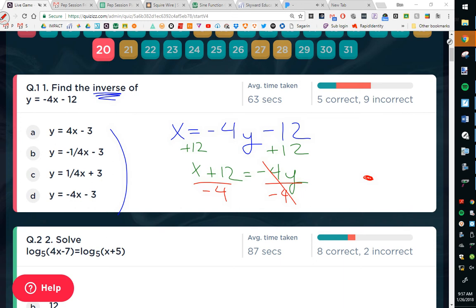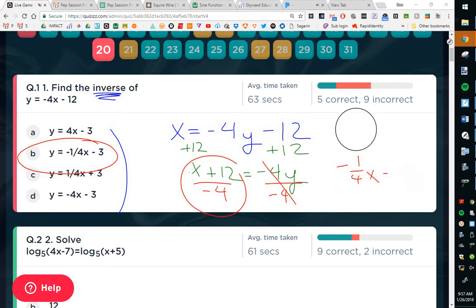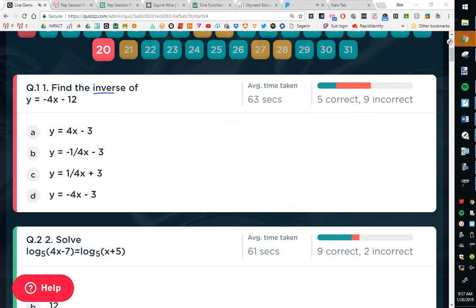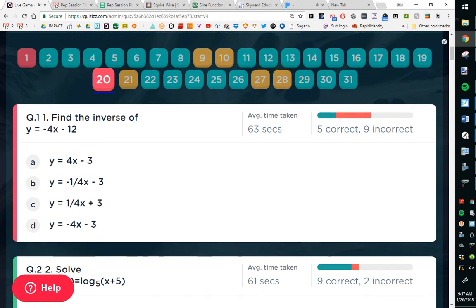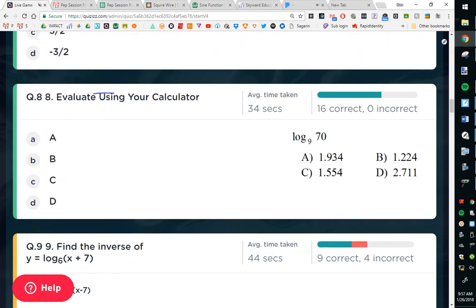That cancels. Most of us could get that answer right there, but you got to be able to write that as the multiple choice answer. So if I take x divided by negative 4, that would be negative 1/4 x. And then 12 divided by negative 4 would be negative 3. So you should have gotten B on that one, negative 1/4 x minus 3. That's not a good thing.